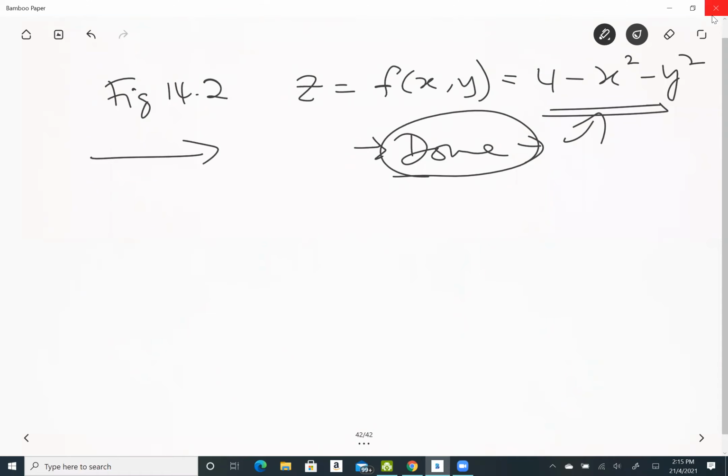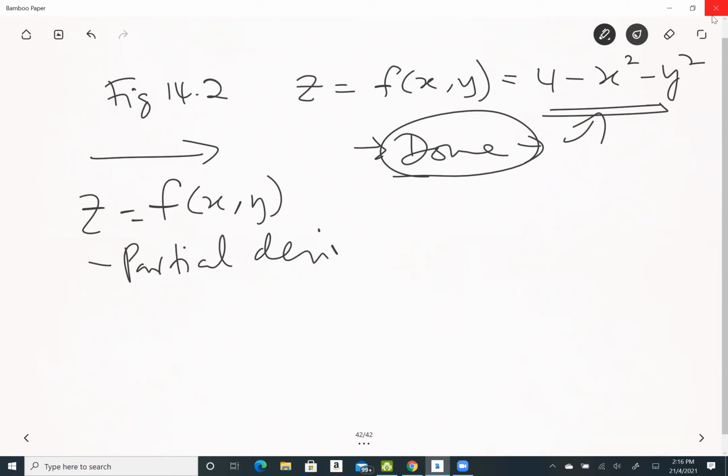What I want to do next is take the derivative. So the derivative of this kind of function, where you have two independent variables, is what you call a partial derivative. Now, why do you say partial derivative? Because there are two independent variables.